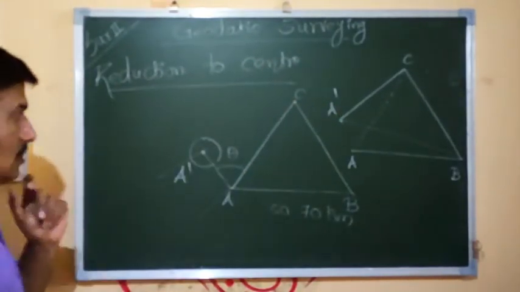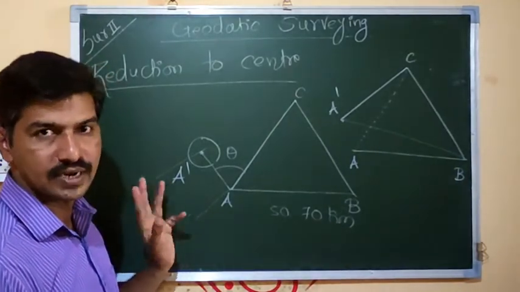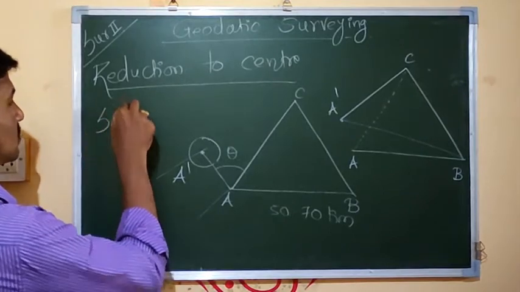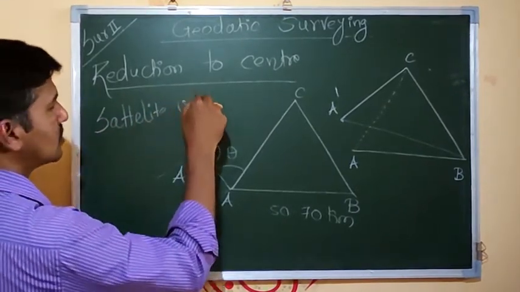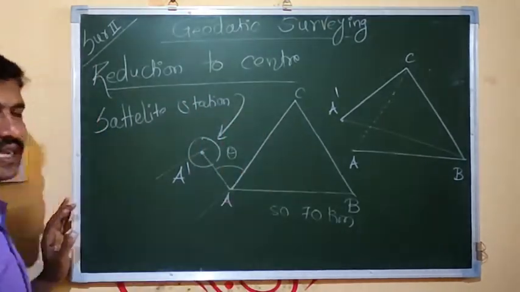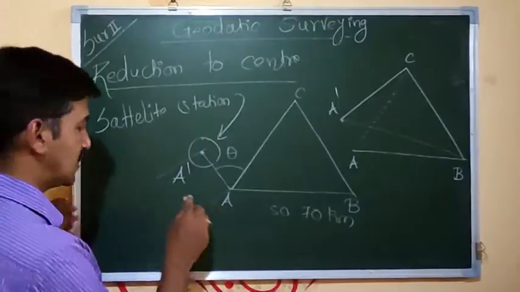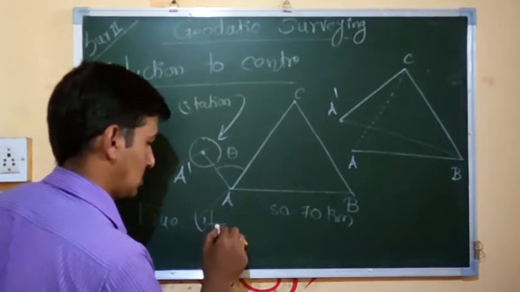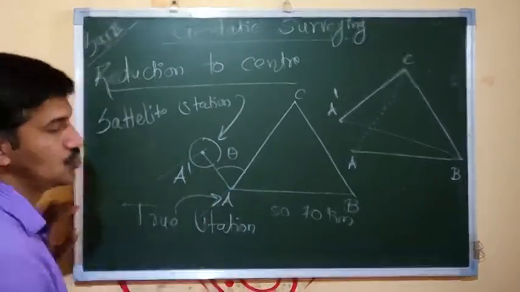Now, we actually wanted point A, but we have created another station, which is called a satellite station. So A dash will be called the satellite station, whereas this point A is called your true station.